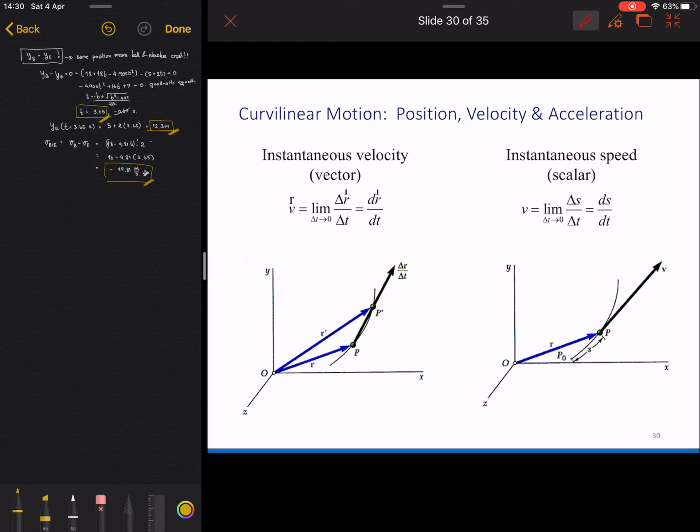So you can use the instantaneous velocity vector of r, using the difference of the radius here and the difference of the times, or you use the instantaneous speed as a scalar, using the displacement at this point only. So you can see at this point only the velocity is in this direction. So this is really instantaneous speed. Okay, and this is at these positions.